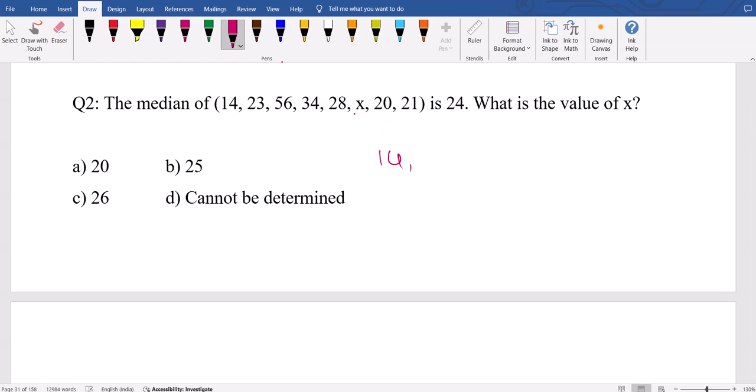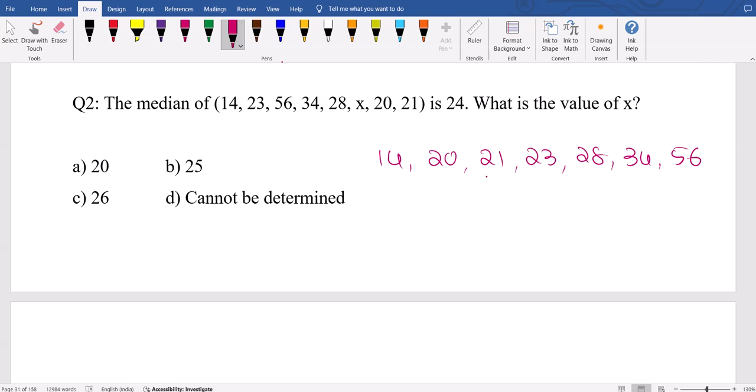As per the data, x can be any place, we don't know as of now. 14, and one slot can be kept anywhere for x, which is unknown. 20, 21, 23, 28, 34, 56. This is 7 data, and there is one more data, x.